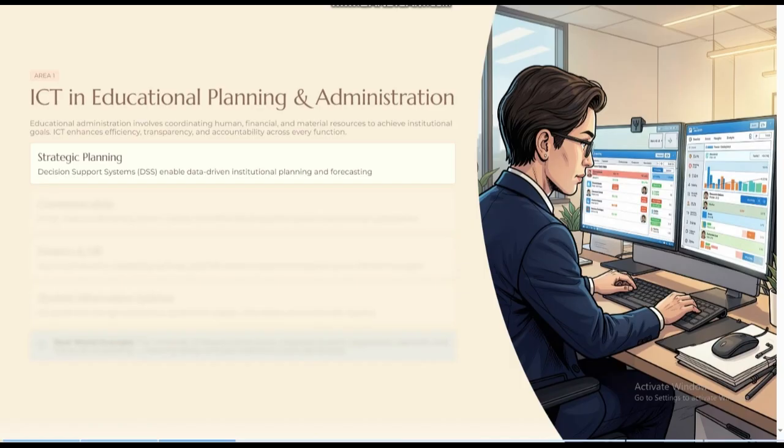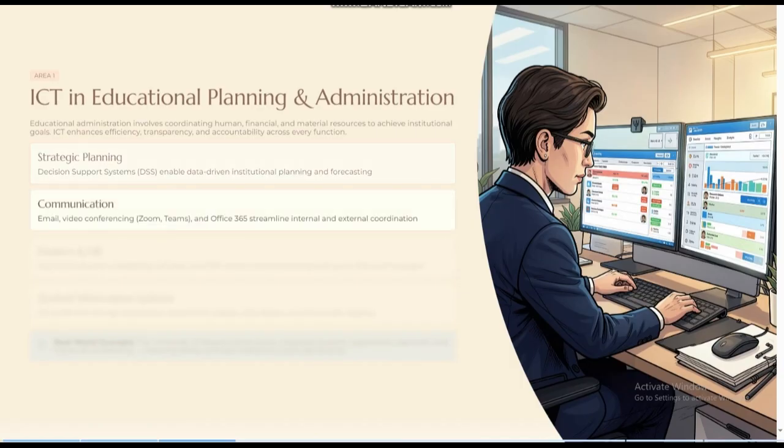We look at strategic planning. We see that decision support systems enable data-driven institutional planning and forecasting. With ICT, institutions can plan strategically based on the data collected over time.